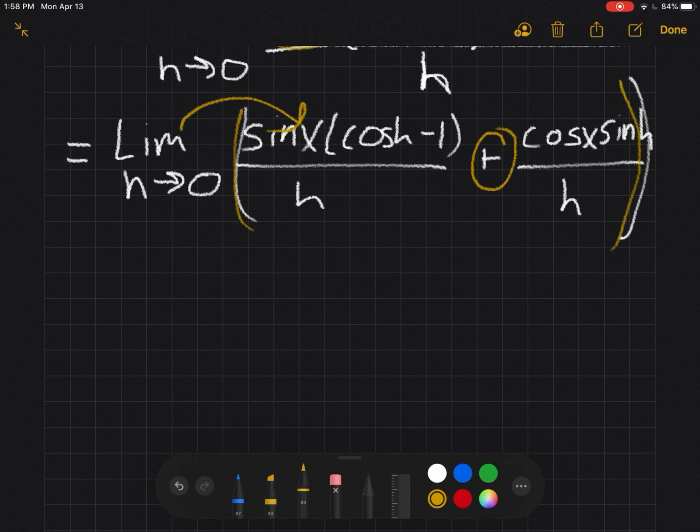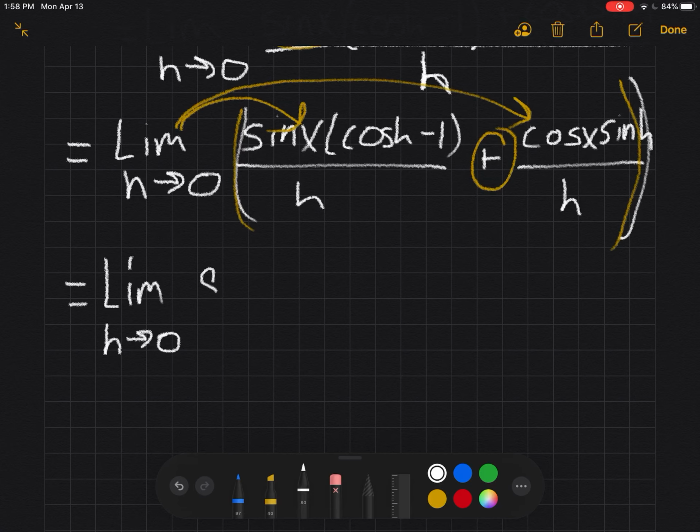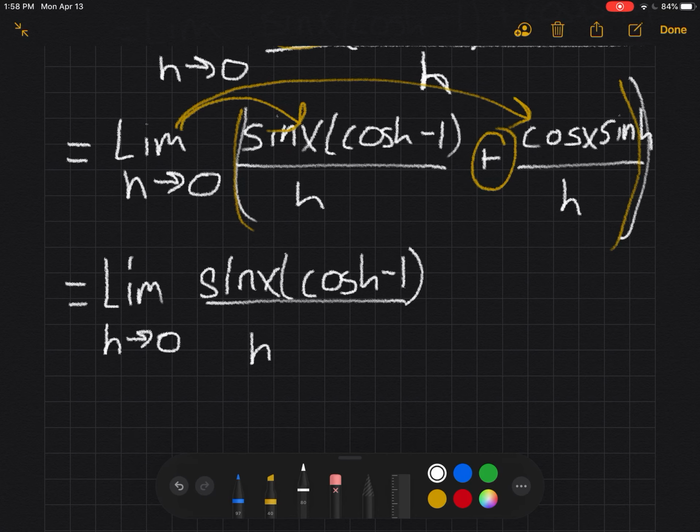Now I'm ready to use a property of limits, which says that when I have an addition sign here, that's what I was remembering, that if I take the limit of this entire thing, it's the same as if I take the limit of this, and then I take the limit of this, and then I add them together. So I'm going to use that limit property to separate this into two distinct limits.